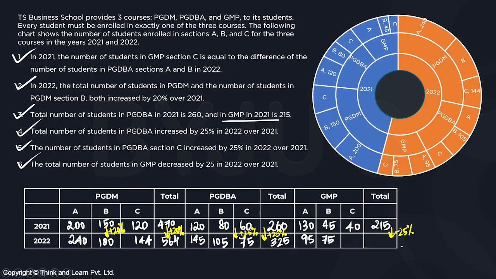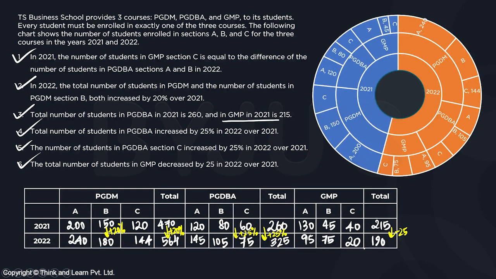Sorry, this is not 25%, but this is actually just 25. So if this is just 25, then 215 minus 25. That's what I was thinking. How can we calculate 25% of 215? It's going to be a fraction. So 95 plus 75 is 170. We need 190, so we will be left with the last 20.